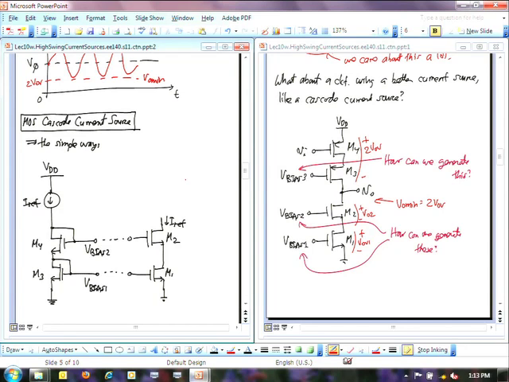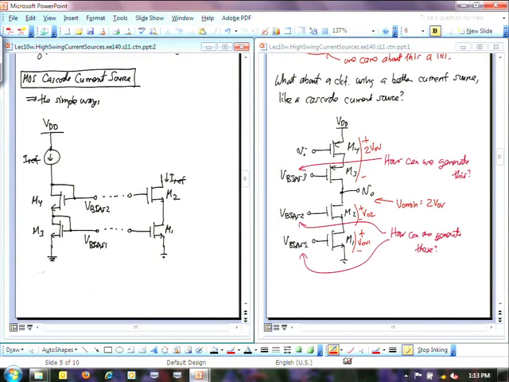Okay, so if I have this, I have a VGS here, and so that VGS is on. Remember, VGS is equal to VT plus an overdrive voltage, because I can turn that around: V overdrive is equal to VGS minus VT.